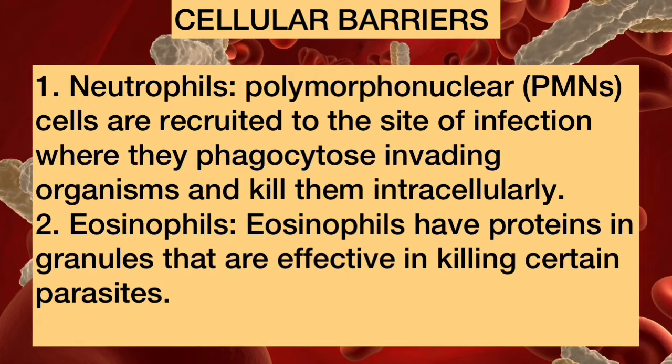Neutrophils are recruited to the site of infection, where they phagocytose invading organisms and kill them intracellularly. The second components are the eosinophils, which have proteins in granules that are effective in killing certain parasites.